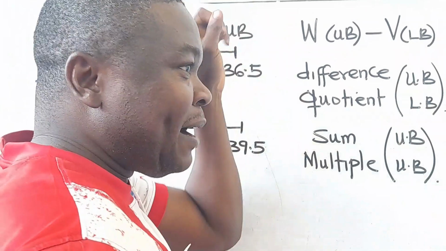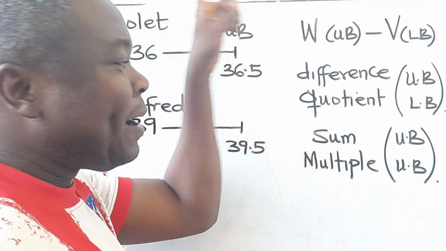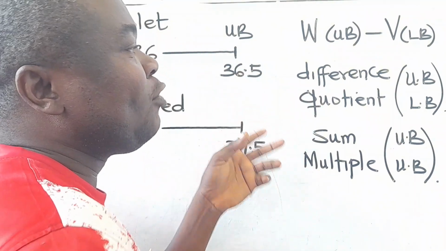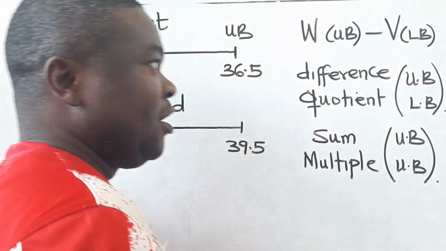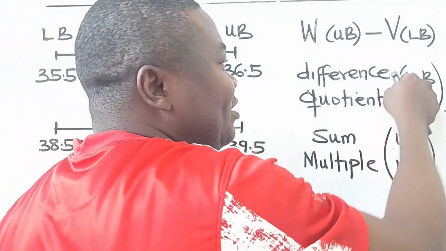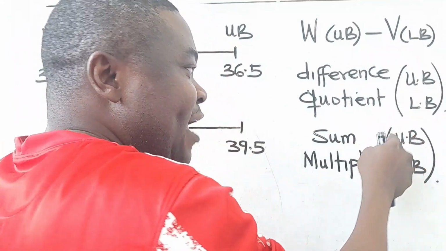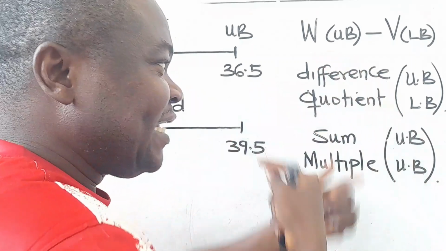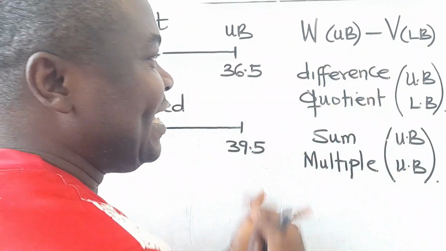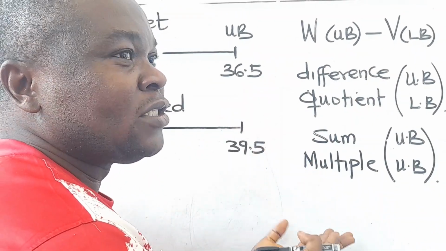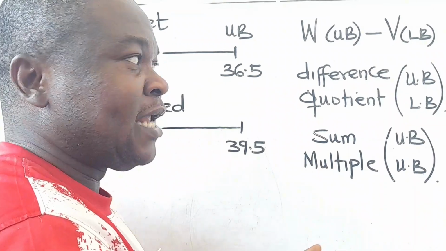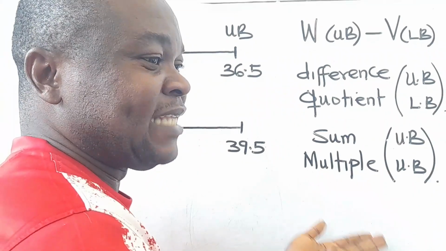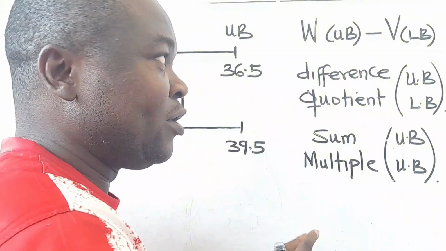But when they say lower bound of anything, you are going to reverse this: lower bound, then upper bound, and for sum, lower bound and lower bound. I want you to look at it again, play this video again and again to understand what I just explained. Now I'm going to have more than 3 examples to buttress this point.